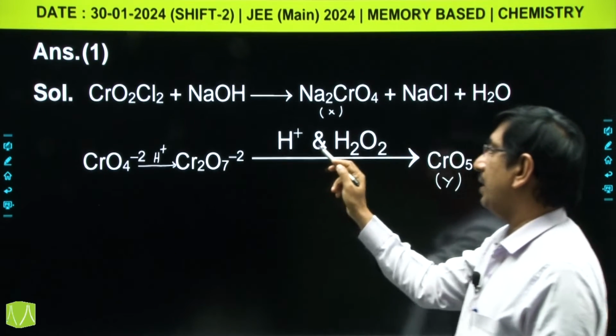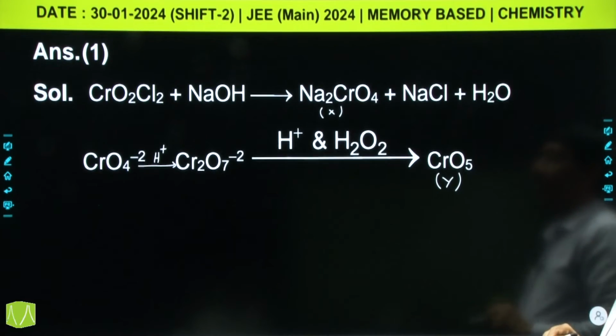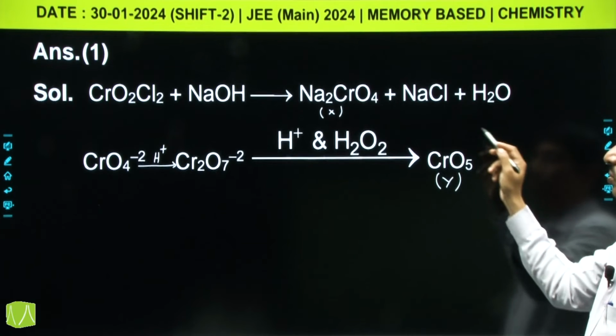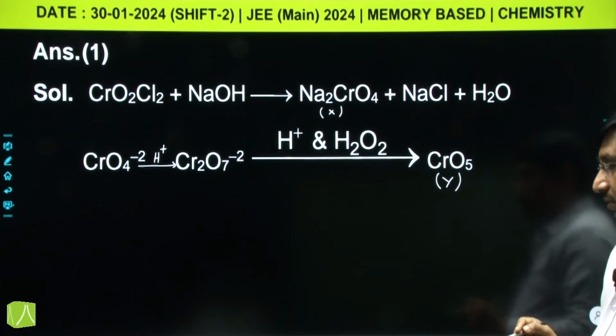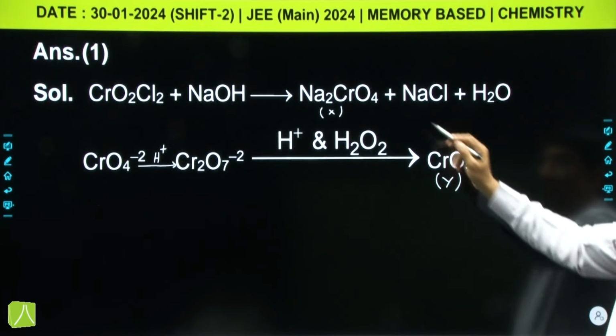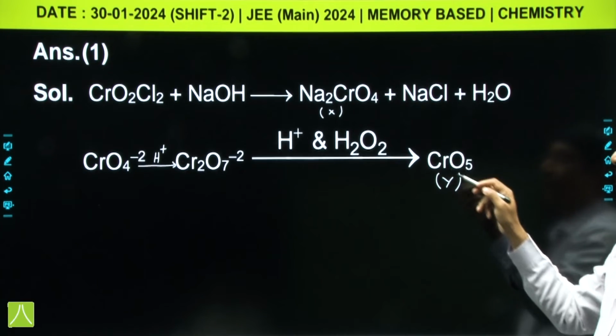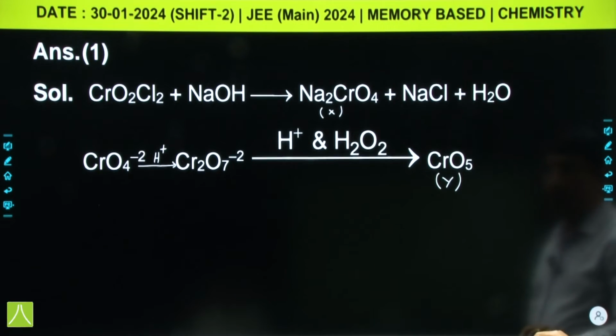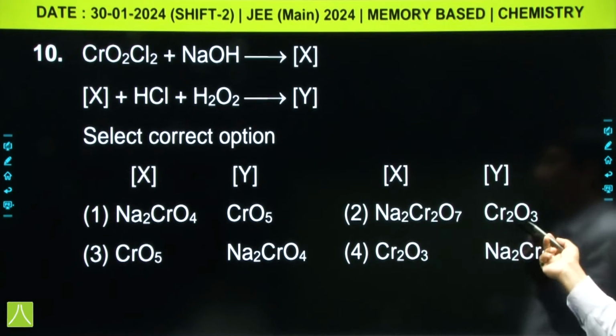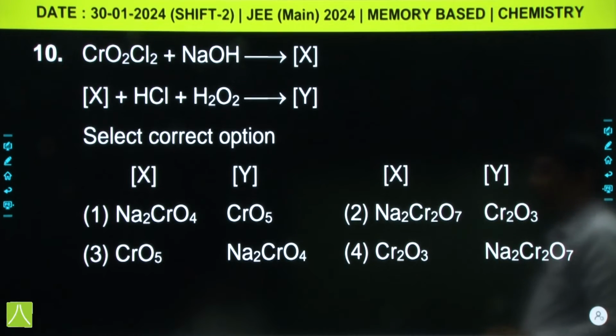Sodium dichromate in acid medium in presence of hydrogen peroxide converts to chromium peroxide, which has a butterfly structure. So X and Y are Na2CrO4 (CrO4 2 minus) and CrO5. You have to identify X and Y from the options.